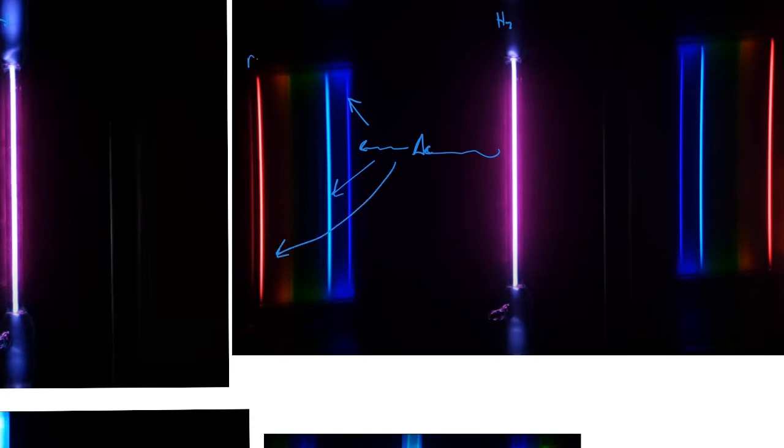So we see some red, and a few different blues. We also notice there's a very large gap of light in between. This is a gap, and this is very interesting. We see a lot of missing colors, and hydrogen, of course, we know is the simplest of the elements, and we see a very simple spectrum.